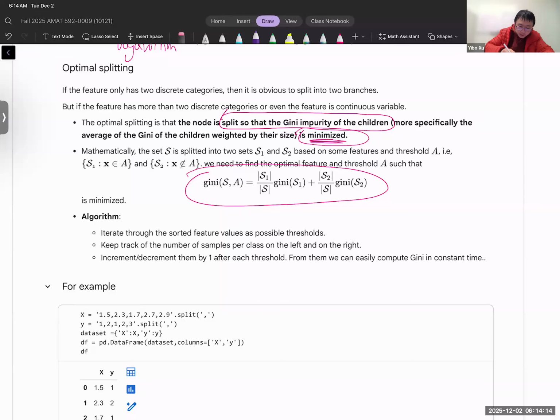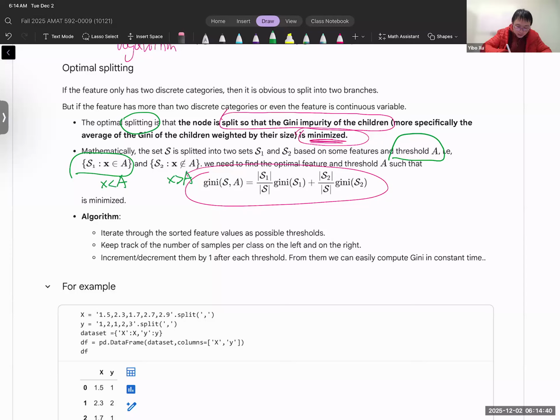We're going to split. It's a sort of threshold we need to look for. Let's suppose it's a threshold A, then you have a set S1, that's all the data having X within my threshold A. So you can say this is X less than A, or X larger than A.